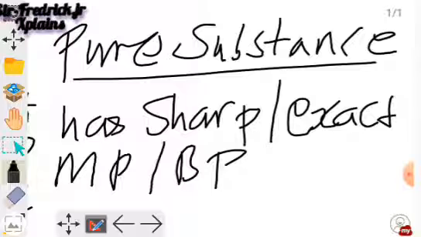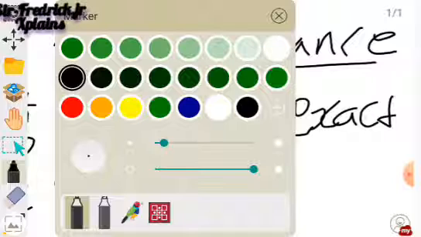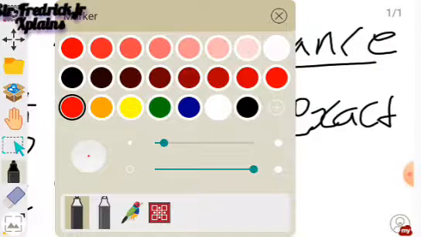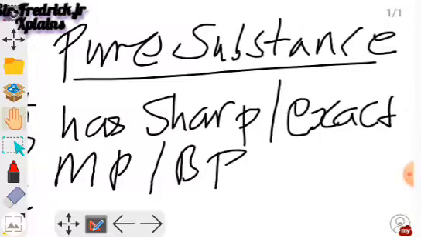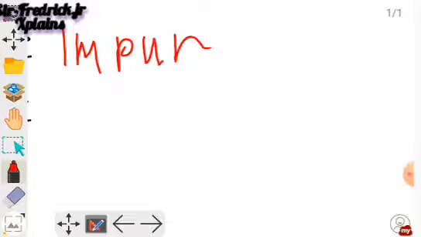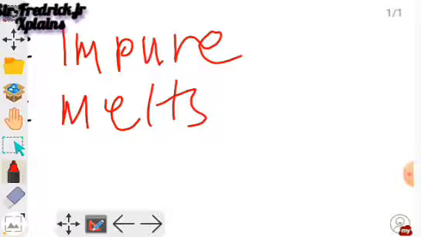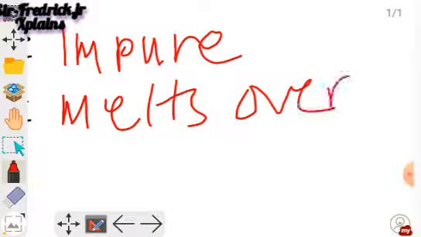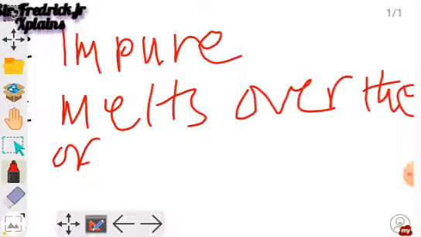So, we said the pure substance has a sharp or exact boiling point or melting point, while an impure substance melts over the range of temperatures.